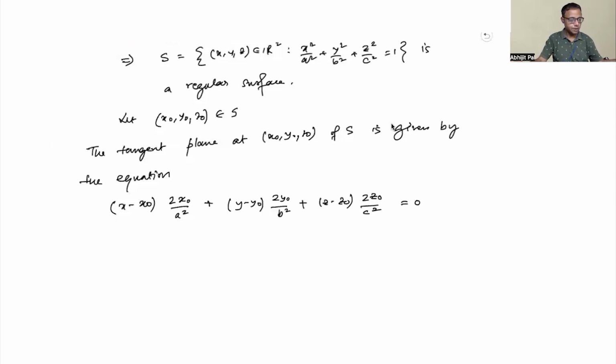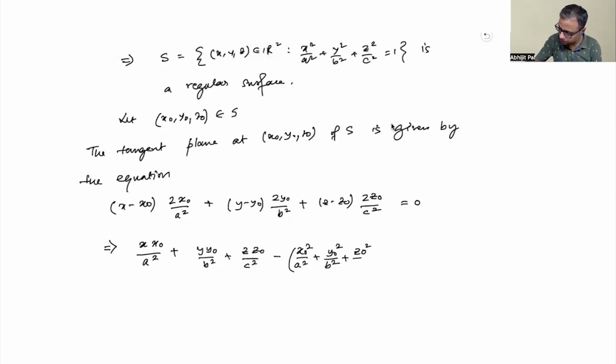So what will be the equation of this tangent plane? It will be x multiplied by x naught by a square, plus y multiplied by y naught by b square, plus z multiplied by z naught by c square, minus x naught square by a square plus y naught square by b square plus z naught square by c square, equal to 0.